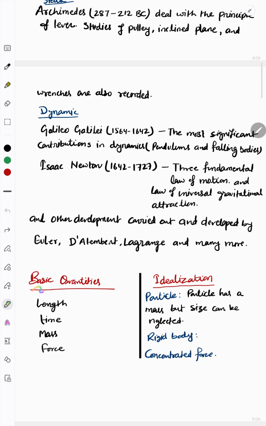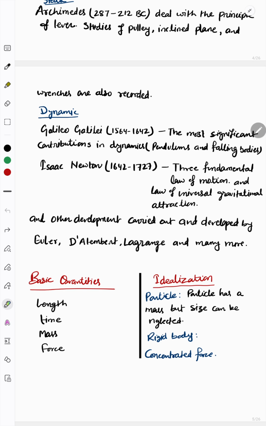Here the basic quantities are what students study in their lower classes, so we hope they know these basic concepts. Then idealization: how we idealize a particle, a rigid body, a concentrated force. Many more things will come, but here you need to know the concept of idealization.